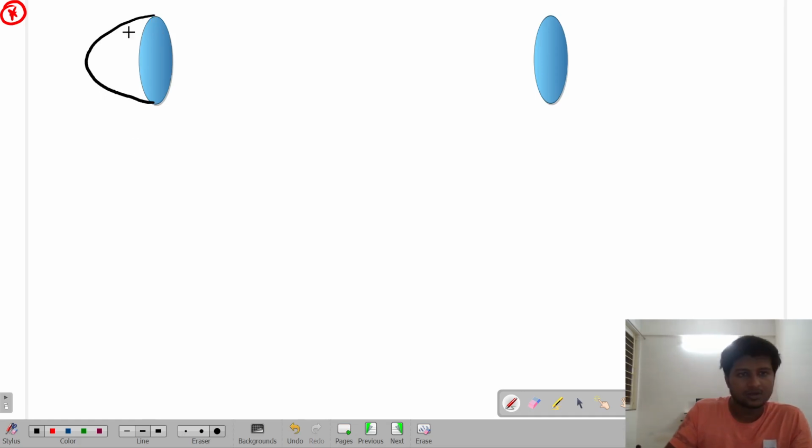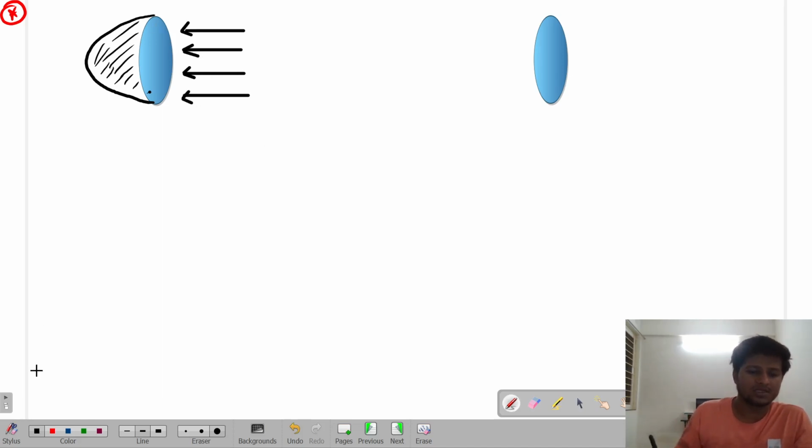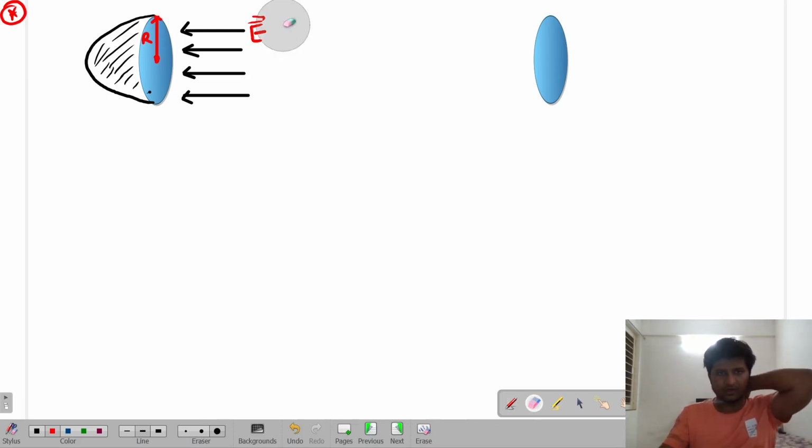So this is my hemispherical ball, and some electric field lines are going inside it. This hemispherical ball has a radius r. Then find the flux. Tell me what is the amount of flux passing through the hemispherical ball.